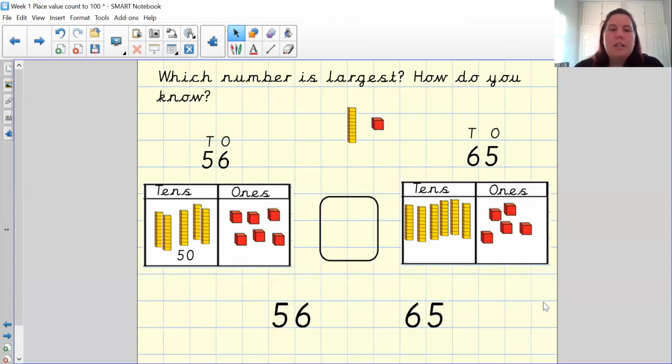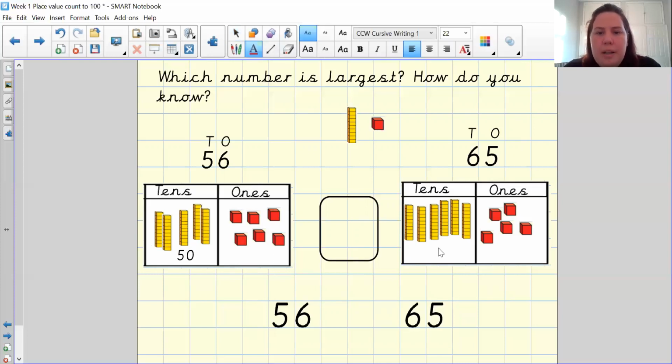So if I wanted to compare these two, I need to look at the one that has the most tens first. If they have the same amount of tens, you will then look at the ones. So the first one I'm going to look at is 50, which is 5. And then I've got to do this side, so make sure you've done it as well.